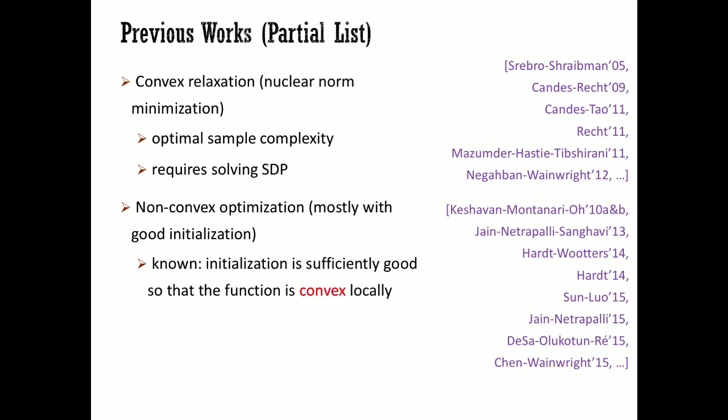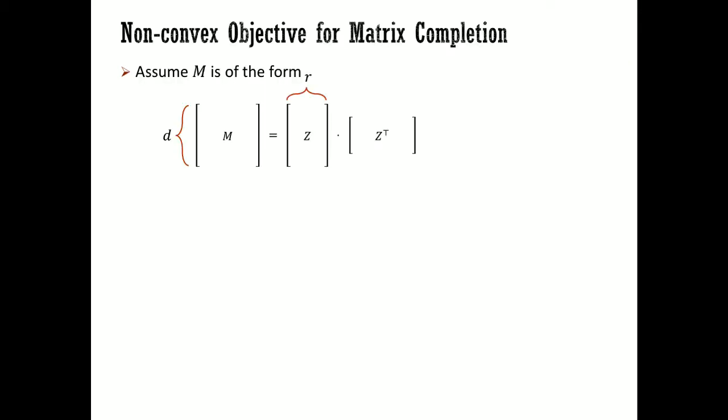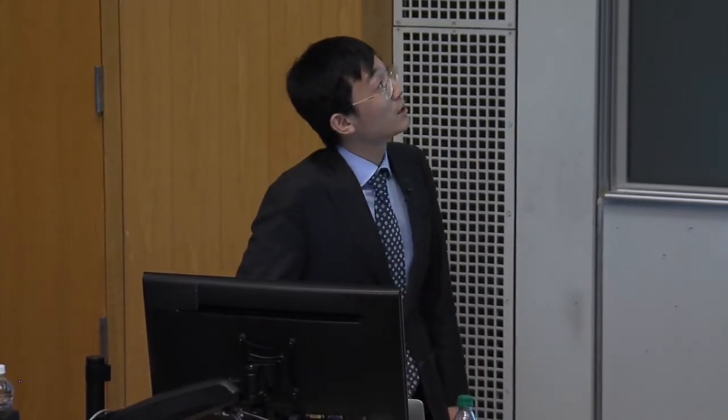What we are going to do is start with arbitrary initialization and converge to a global minimum. Let me set up some basic notation. We assume the matrix M is of the form M = ZZ^T. Here Z is a tall matrix of dimension d times r, where d is considered to be much, much larger than r. This makes the matrix M low rank, symmetric, and positive semi-definite.